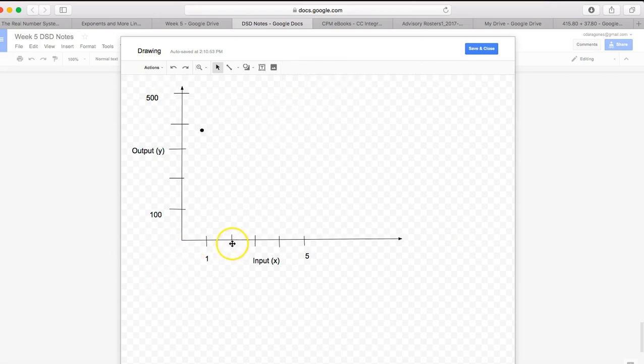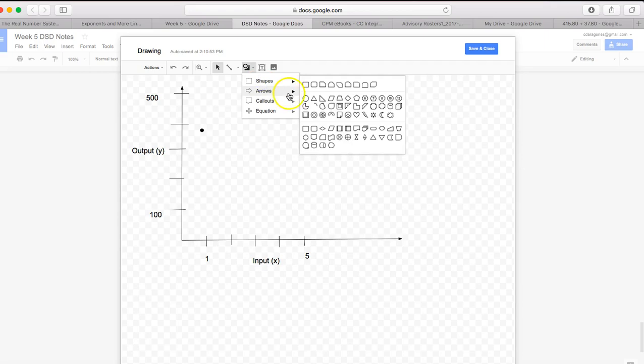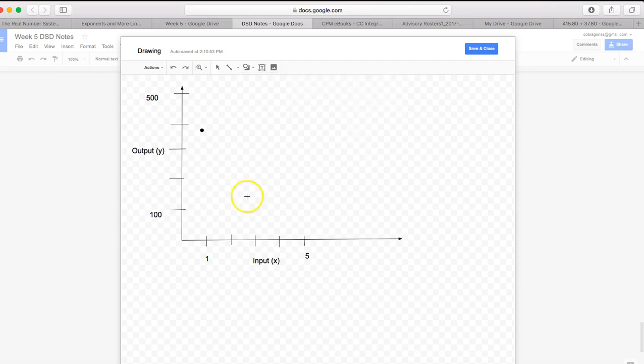And then after 2, we increased by 10%, which was plus $37.80, which was at $415.80. So I can go ahead and make another dot at 2, a little bit over $400, sorry.